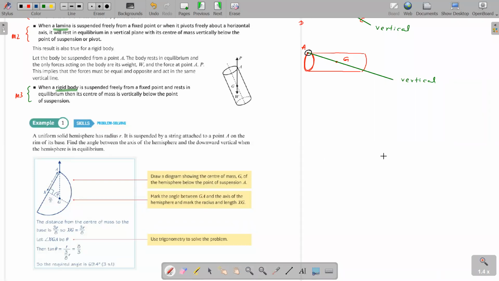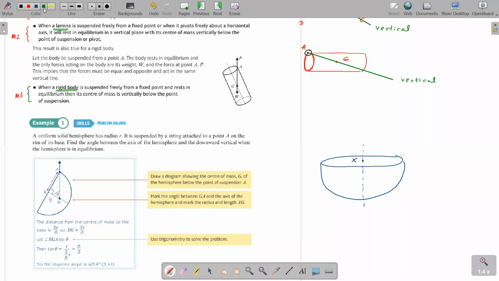One of the easy things to do here is you draw the normal hemisphere that you usually draw. You draw the axis of symmetry. This is the point X they have marked.